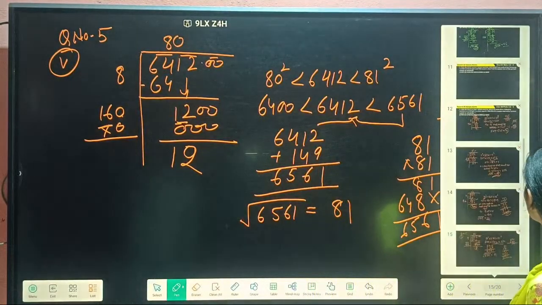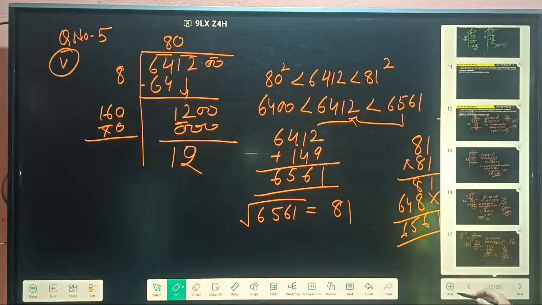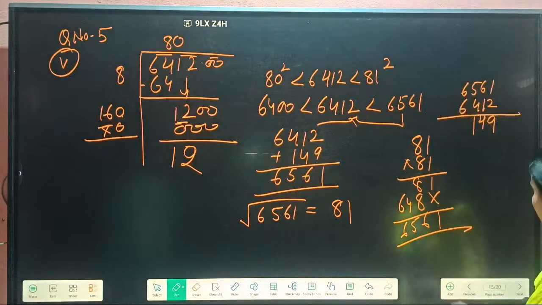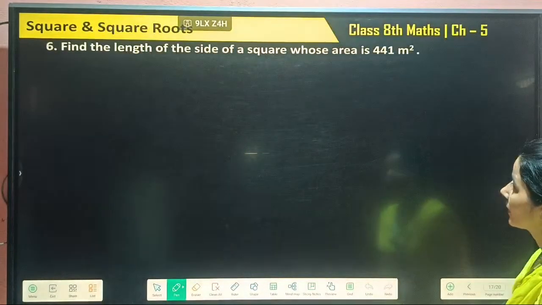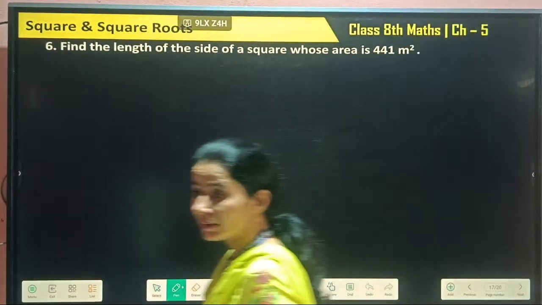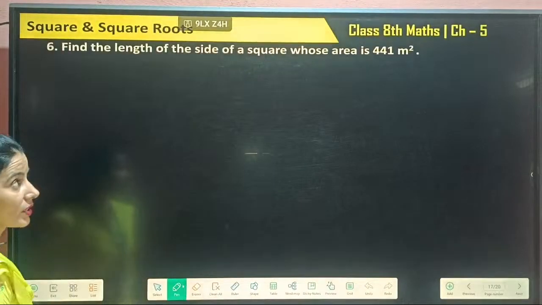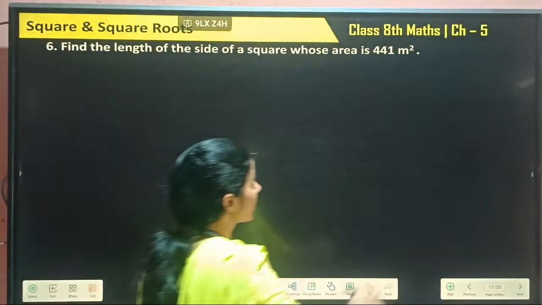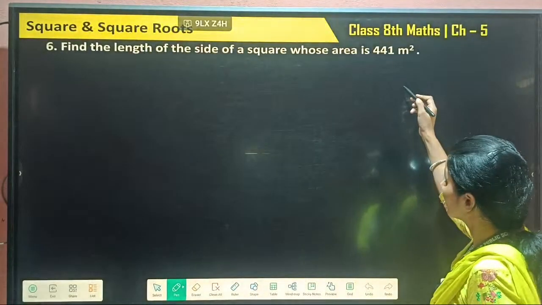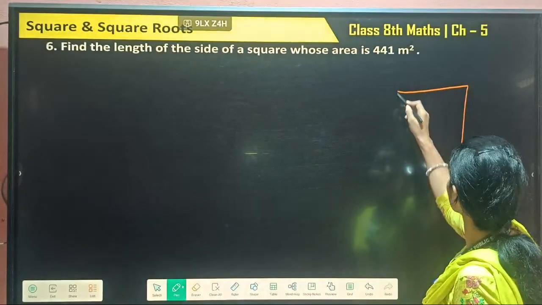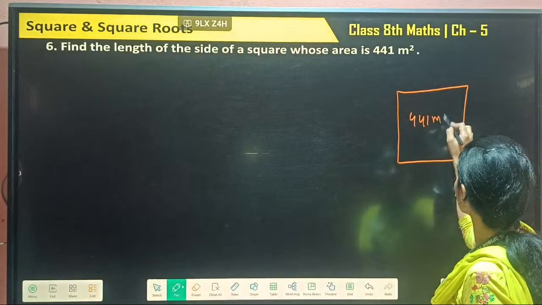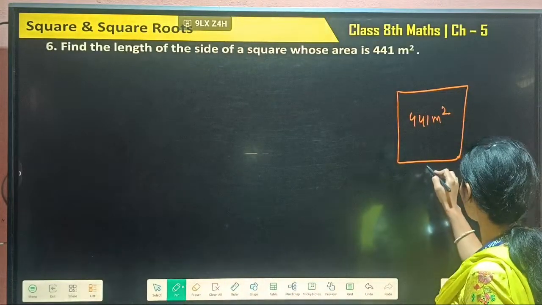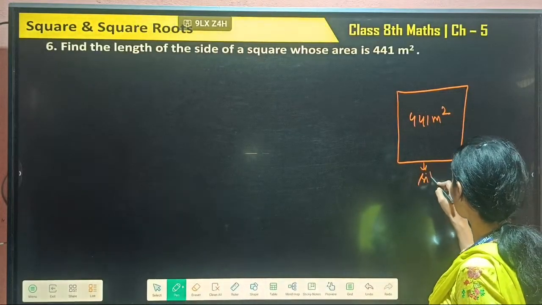Next question is, find the length of the side of a square whose area is 441 meters square. This is one square. Its area is 441 meter square. We need to find out its side.